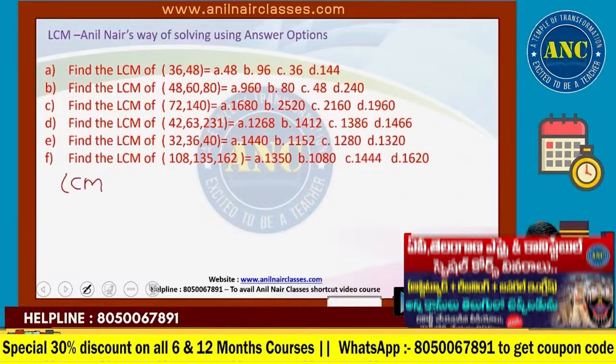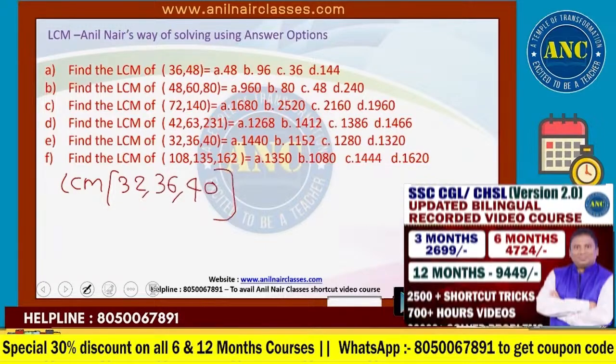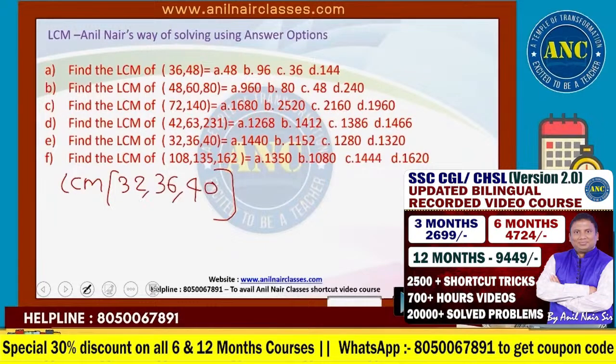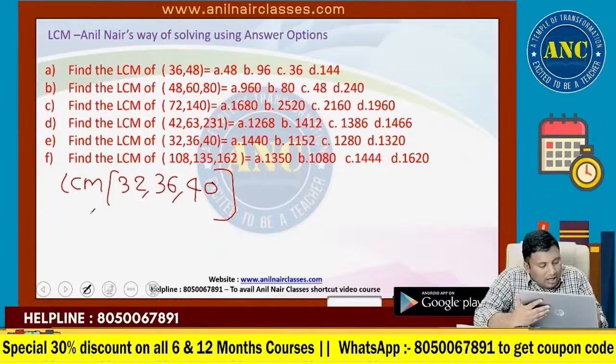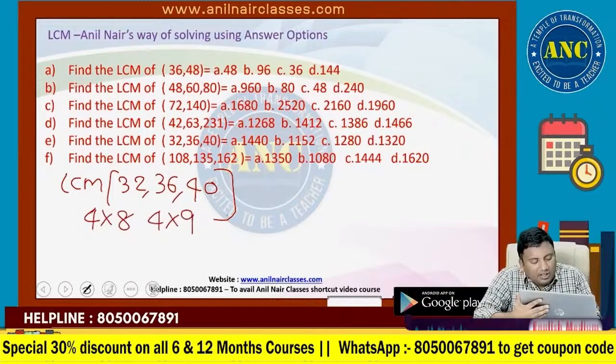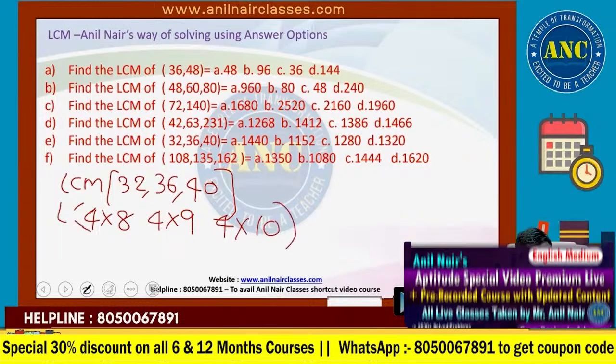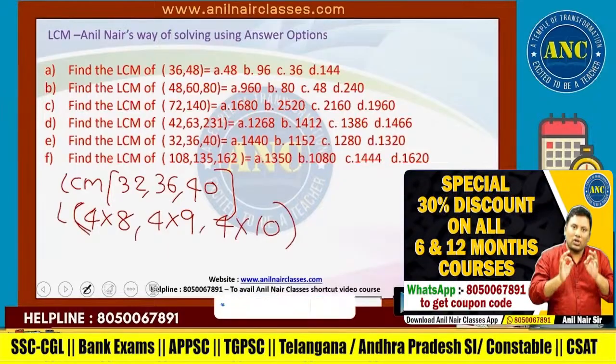LCM of 32, 36 and 40. This is 4 8s, 4 9s, 4 10s. 4 is taken out.